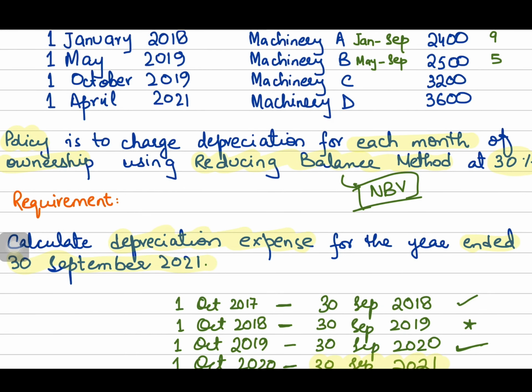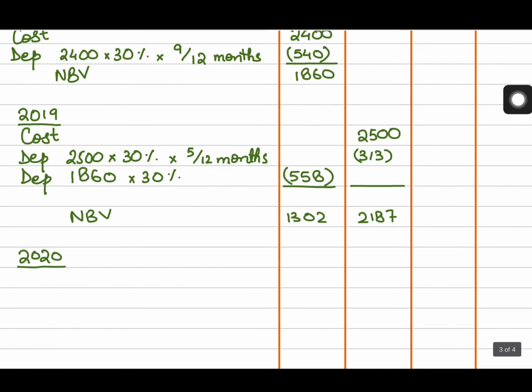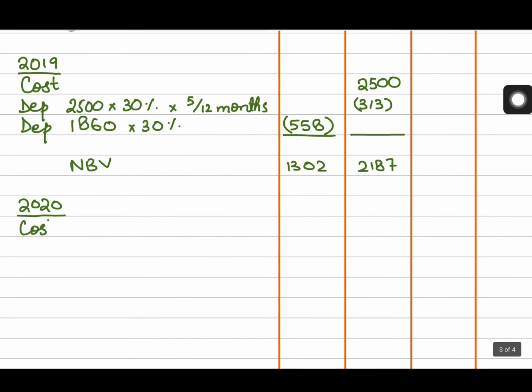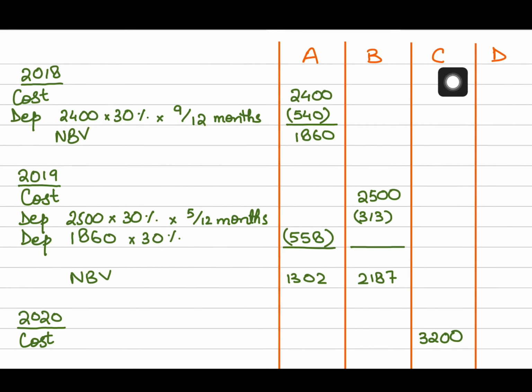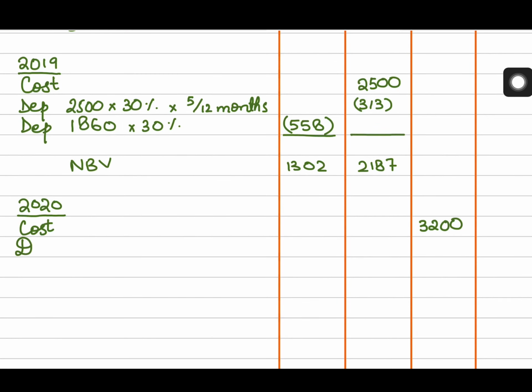So let's first charge depreciation on the new asset, that is machinery C, which is being bought at a price of 3200. So the cost is 3200 in the third column, that is for machinery C. Now depreciation would be again on the cost in the first year, 3200 multiplied by 30%. Should I multiply it with the number of months? No, right?